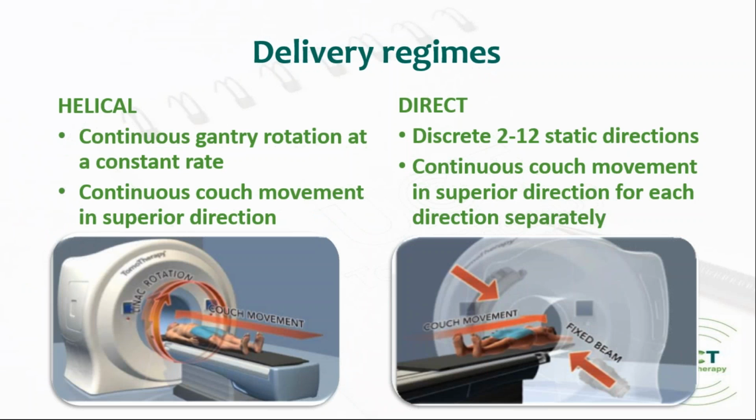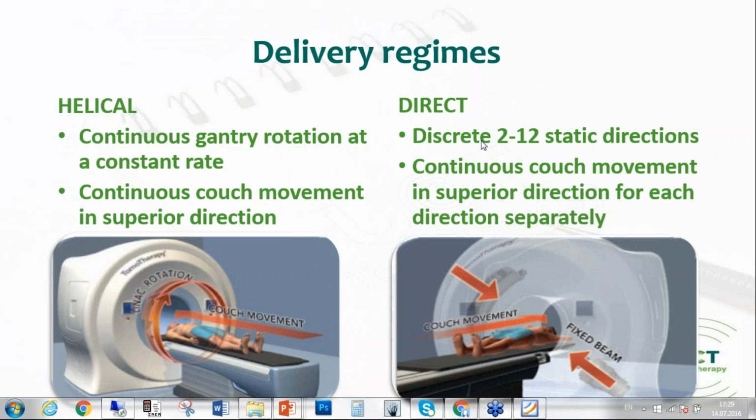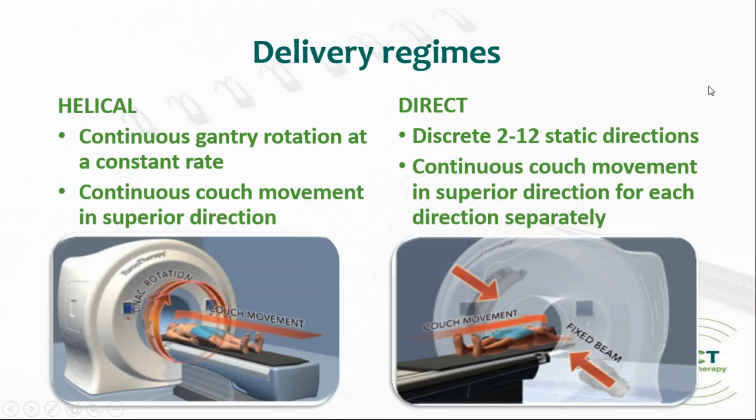The helical delivery regime is when the gantry rotates continuously at a constant rate and the couch moves in the superior direction at the same time. The direct regime has from 2 to 12 static directions, and the couch continuously moves in the superior direction for each direction separately.